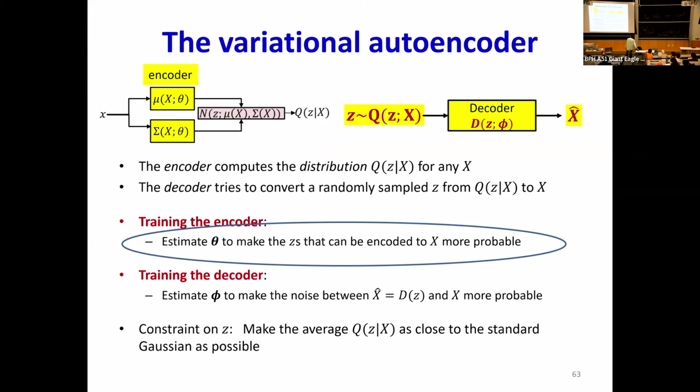Now next, we have to estimate the parameters of the encoder such that it computes a Q so that when I sample from this Q and pass it through the decoder, the output looks like my training data, like the face that I wanted to reconstruct. Making sense, right? So we're going to do this, and the constraint, of course, is that the average Q of z given x has got to be as close to Gaussian as possible.